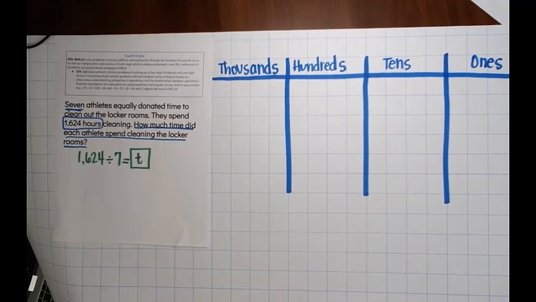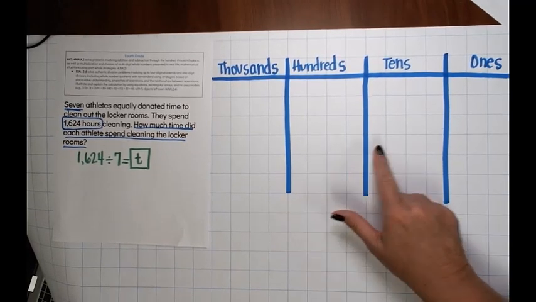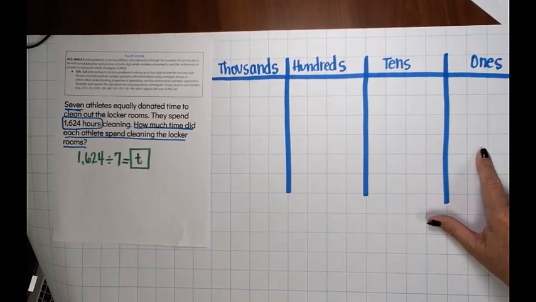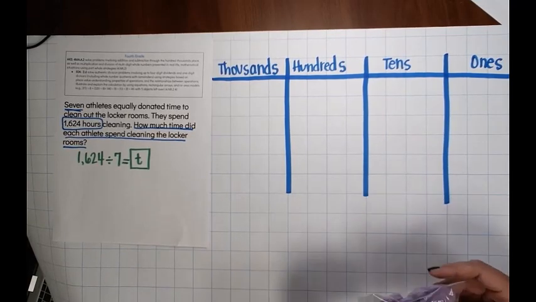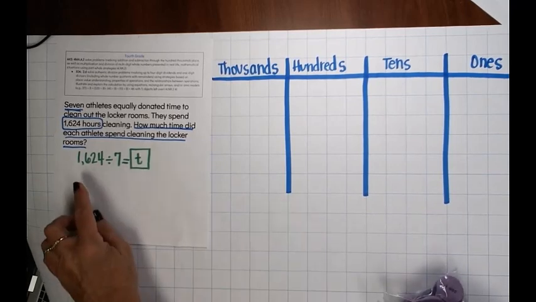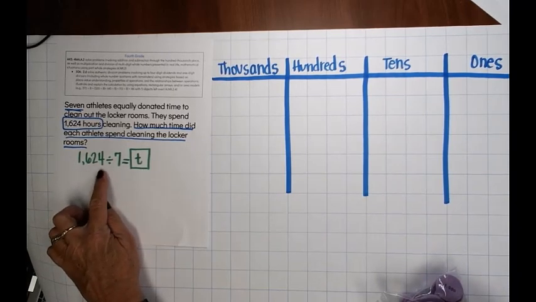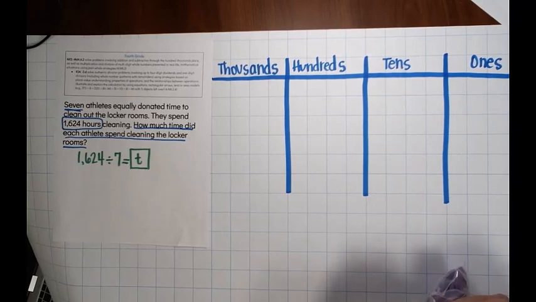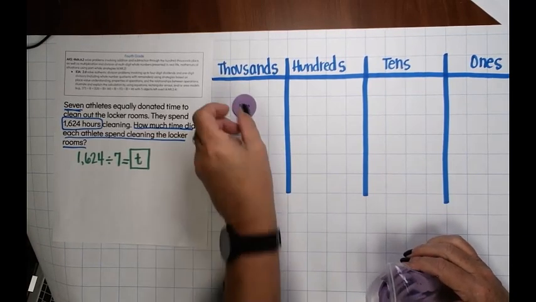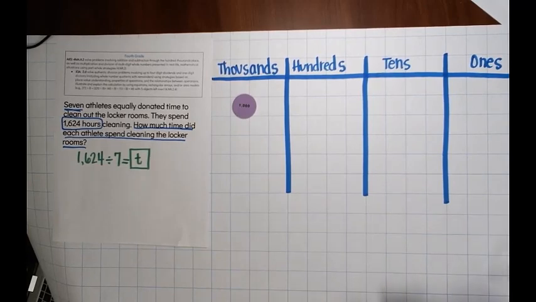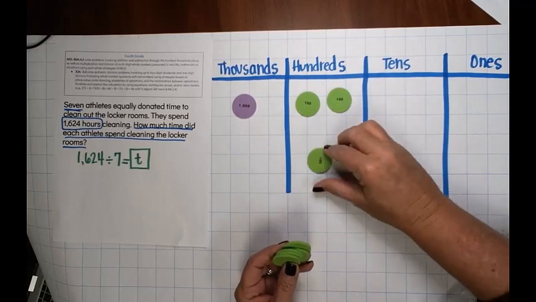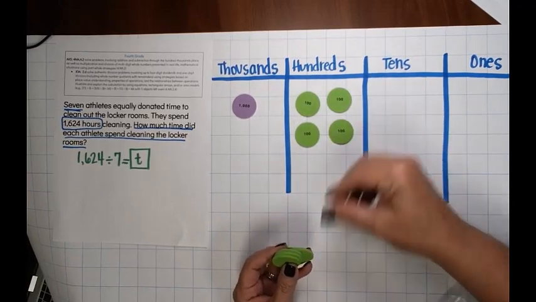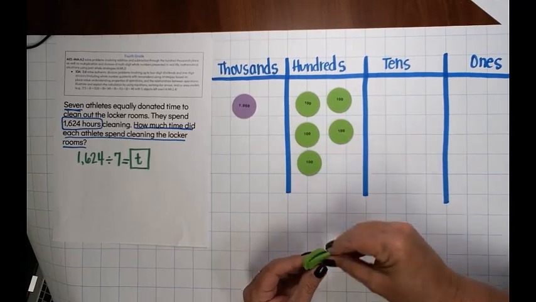To save time, I went ahead and built my place value chart to help me with my thinking. I'm going to use the new place value discs to represent our dividend of 1,624. Okay, so I'm going to need to use 1,000, 600s: 100, 200, 300, 400, 500, 600.